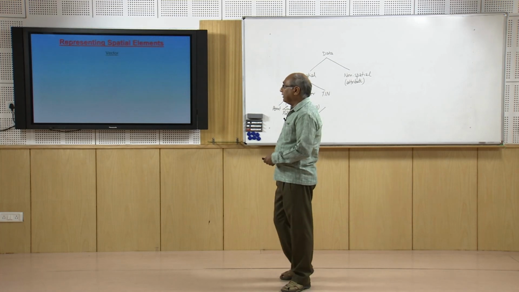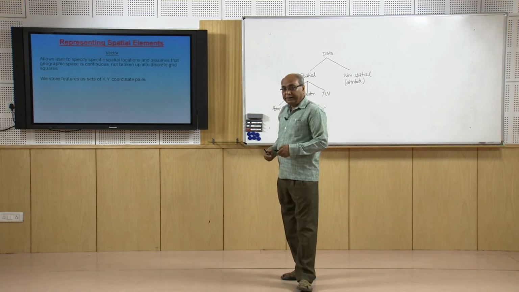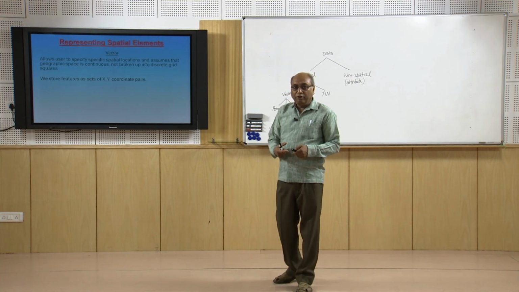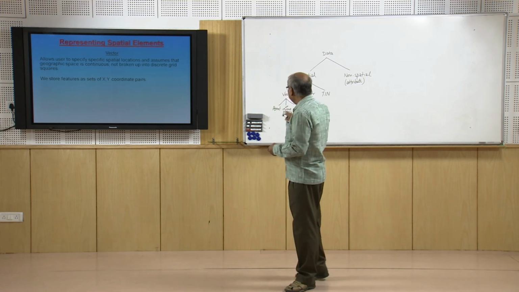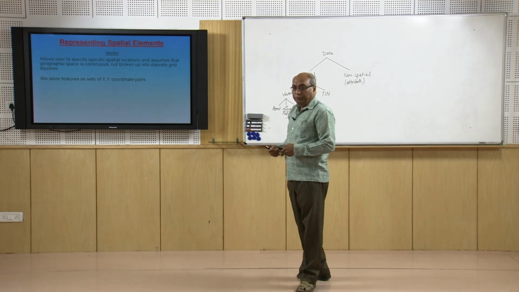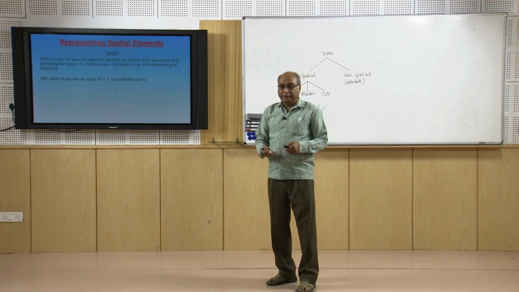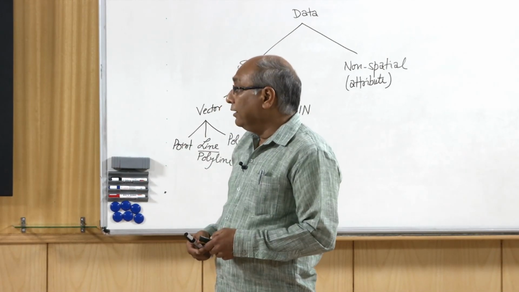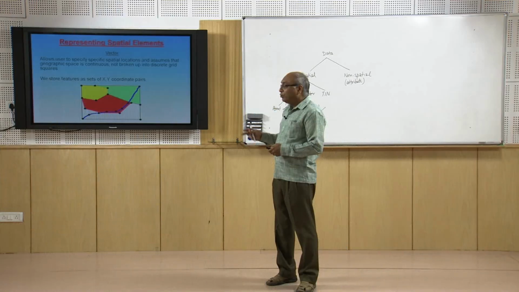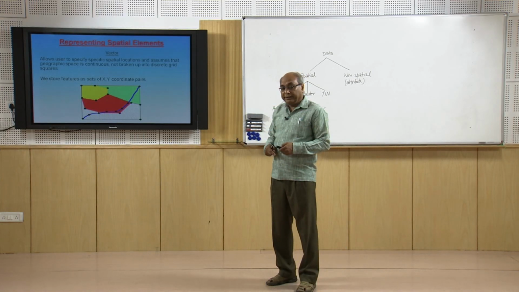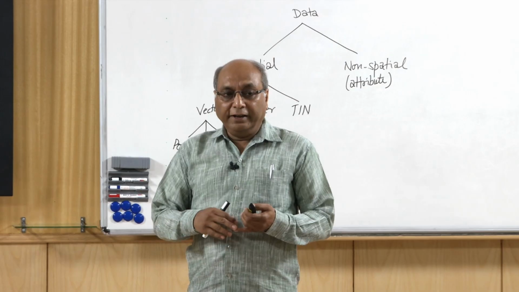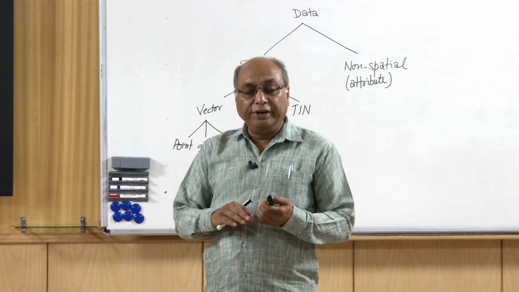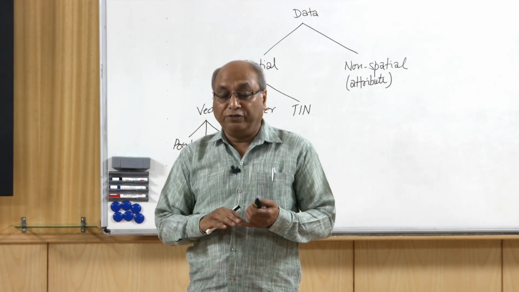So the real world, this is a repeat of the slide anyway. Vector data, as I have said, is a very simple way of storing our real world in different layers of vector. So vector can be point data, for which we use the geographic coordinates, that is x and y, and in this example two different types of vector data are there. But remember that in the beginning I said that each type of data is kept in a different theme or layer.